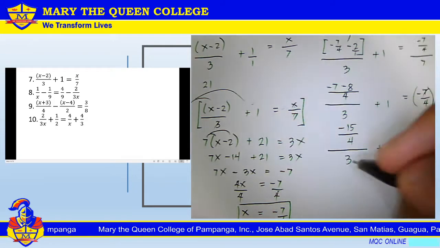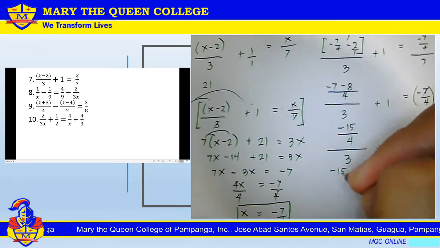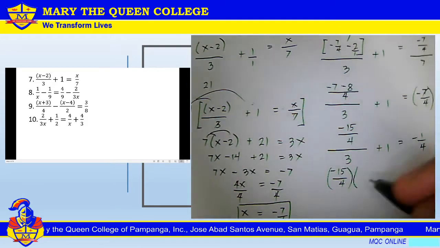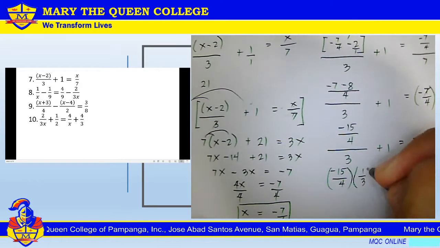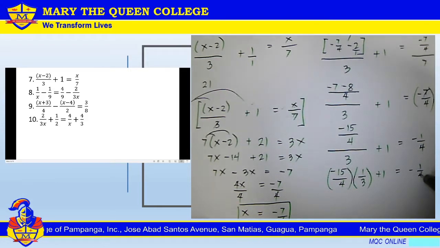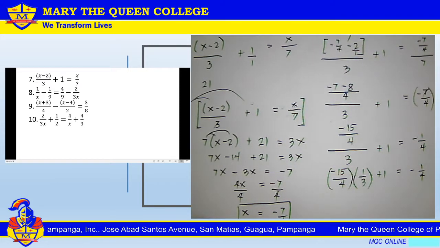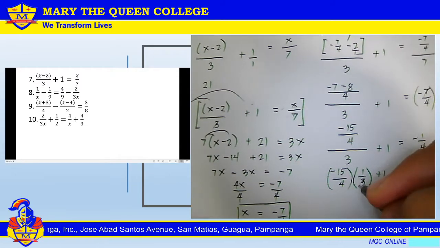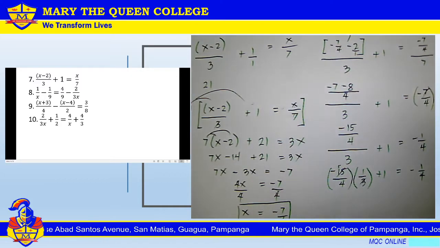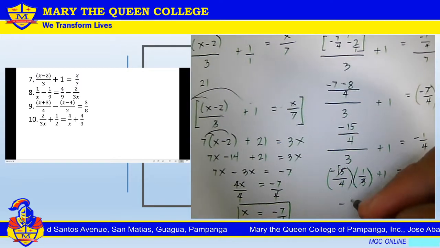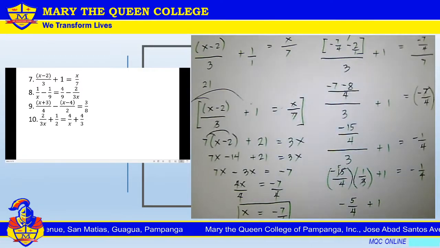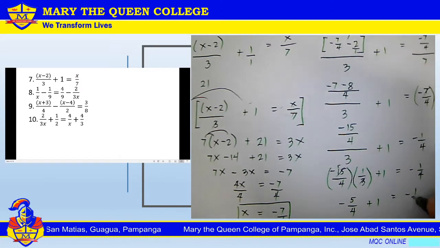And then from here, we have negative 15 over 4 multiplied to the reciprocal of 3, which is 1/3, plus 1. We have negative 1/4. Okay? Then, cancel this. We have negative 5. Negative 5 times 1, so we have negative 5 over 4 plus 1 is equal to negative 1/4.